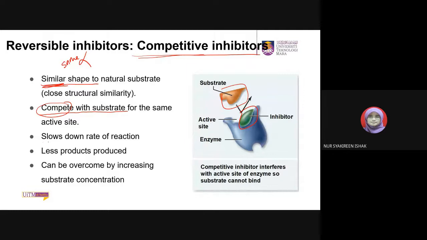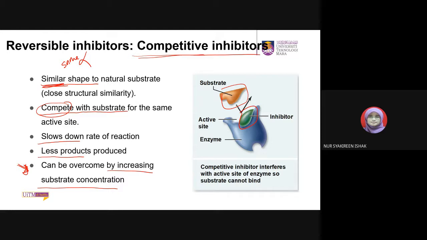Therefore, the effect of the binding of the inhibitor to the active site is that it will slow down the rate of reaction, so less product is produced, and this can be overcome by increasing substrate concentration. This is how you overcome the effects of a competitive inhibitor.